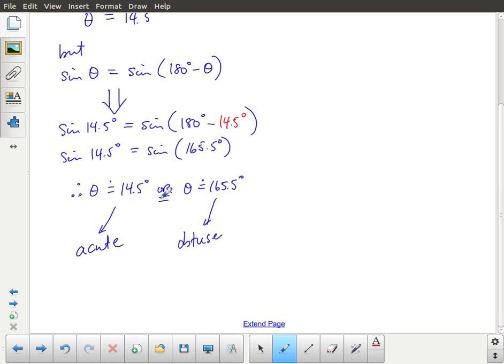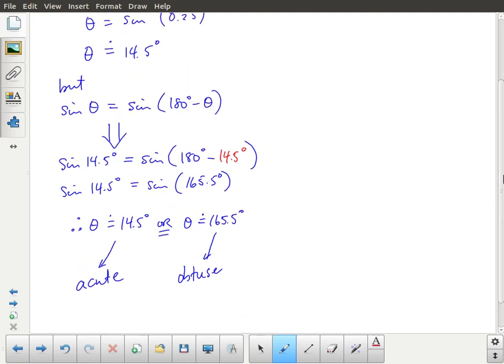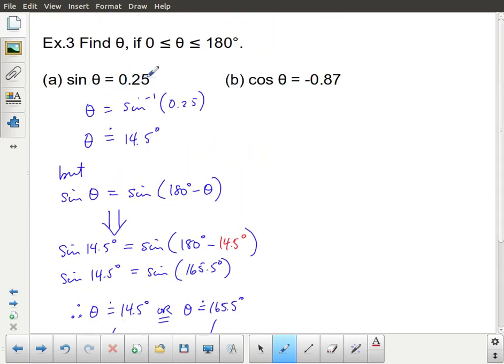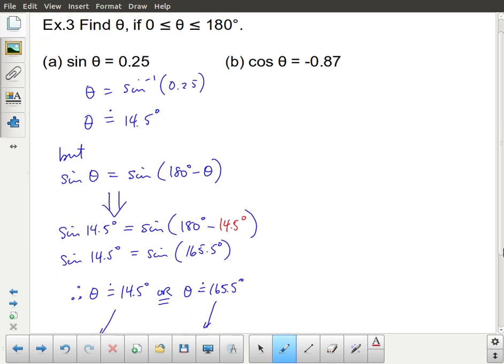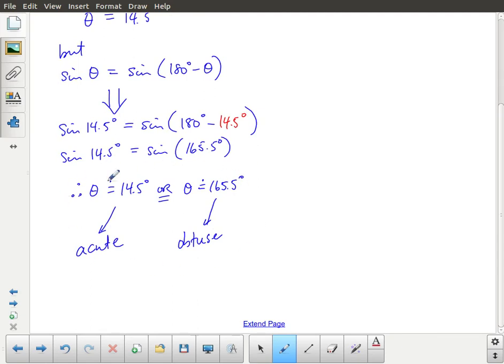And both of these are valid. Both of these are correct answers to sine theta equals 0.25. When you do this calculation in your calculator, it gives you the acute angle answer, but not the obtuse. But we have learned that in some cases they are the same, so we have to consider both.